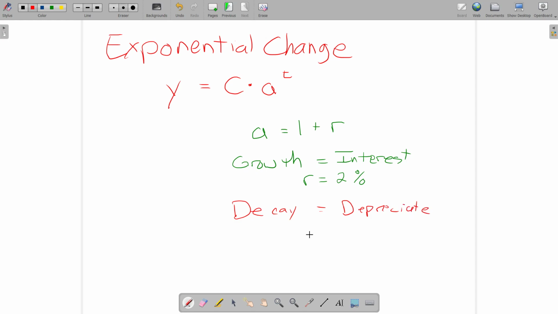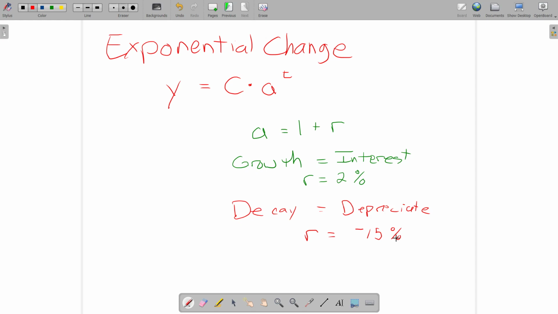And in that case, the interest rate might be a little bit different. We might have R is a negative amount. So negative, dropping by, say, 15% or 12% or 10% or 11%. So we can go up or down.